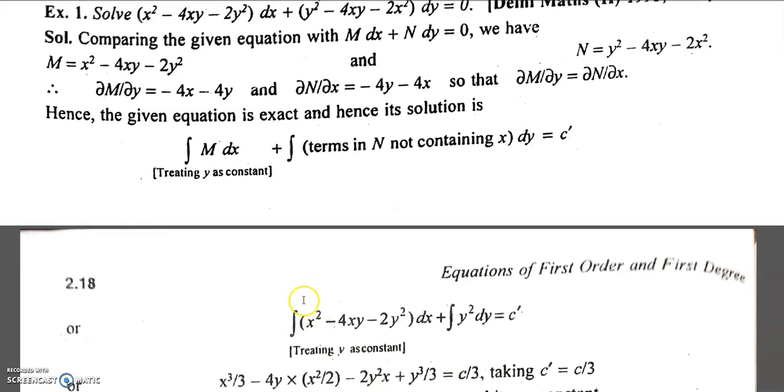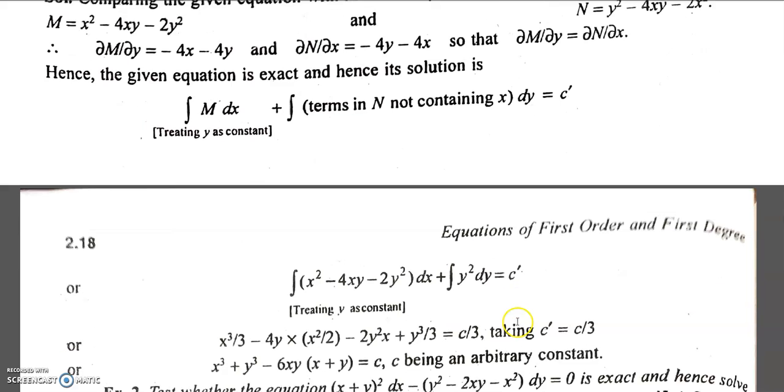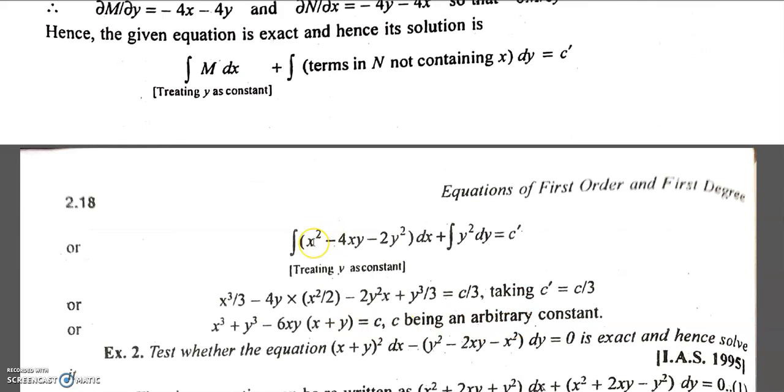That means the integral of the first function, (x square minus 4xy minus 2y square) dx, plus the terms of N not containing x. So which term? This term contains x, this term contains x, so y square. So we need to integrate y square dy, equal to c dash. So what will be our final answer? x cube by 3.